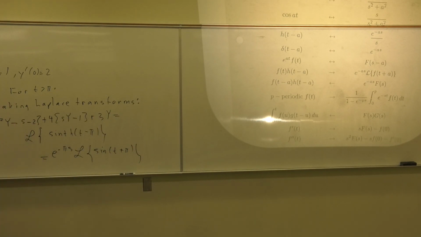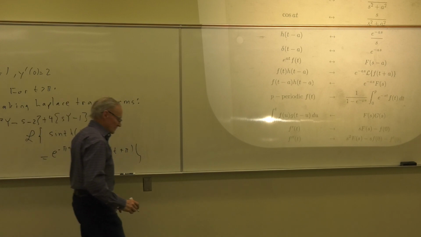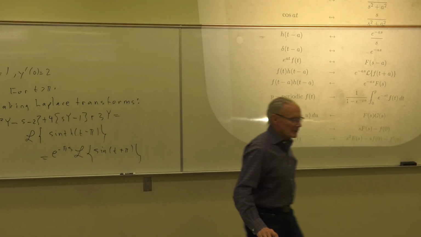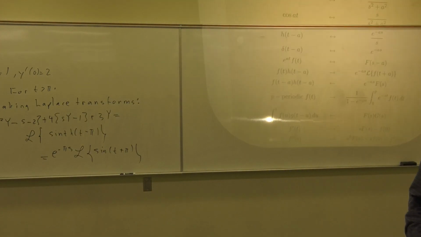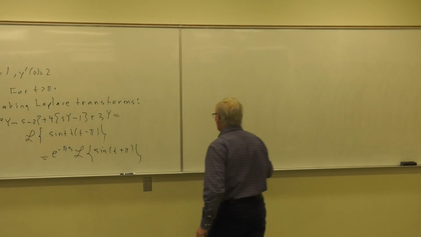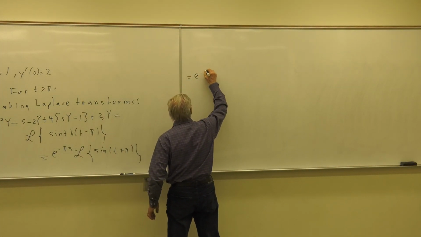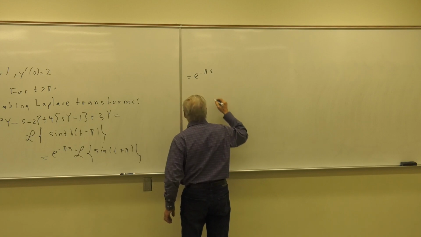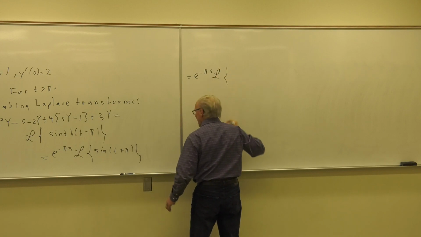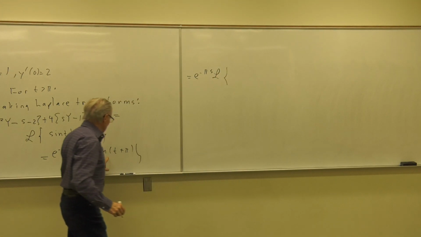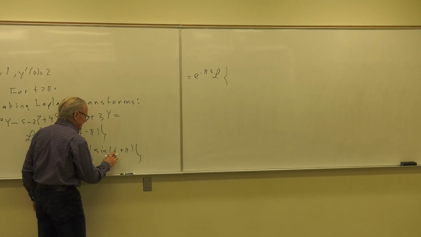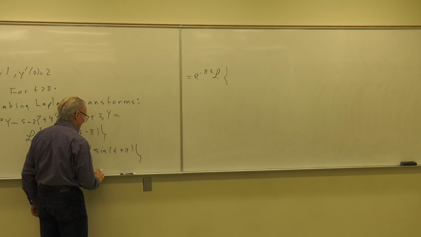So there's that. We need to do this. So I guess we can turn this off momentarily. Equal to e to the minus pi s, the Laplace transform, if we did a trig identity, sine t cos pi plus cos t sine pi.